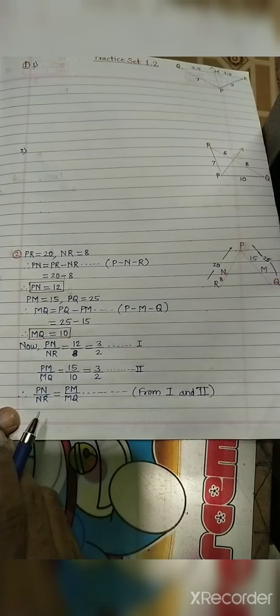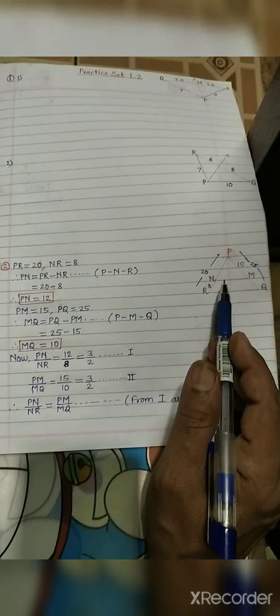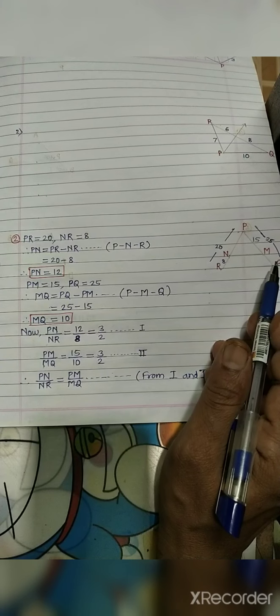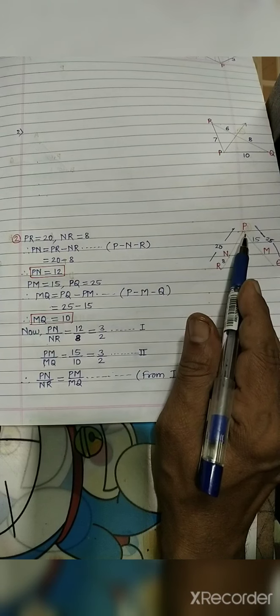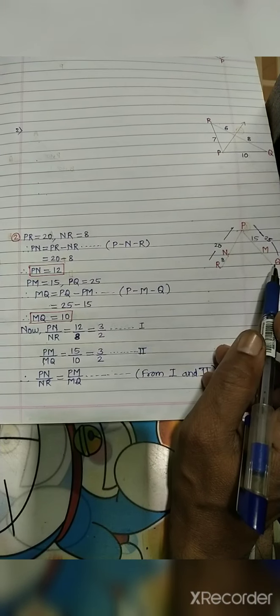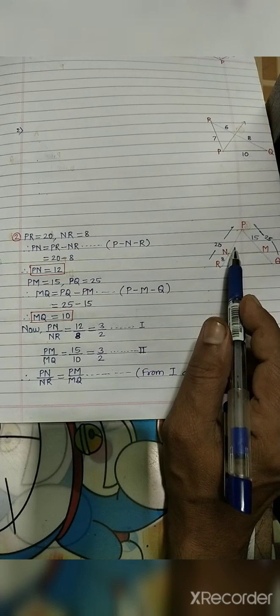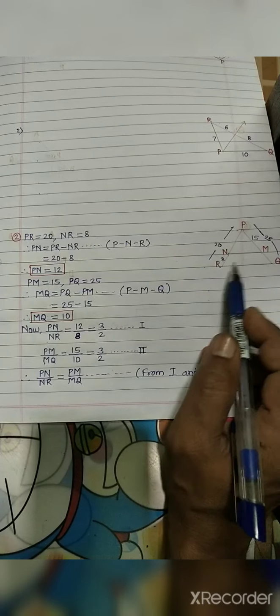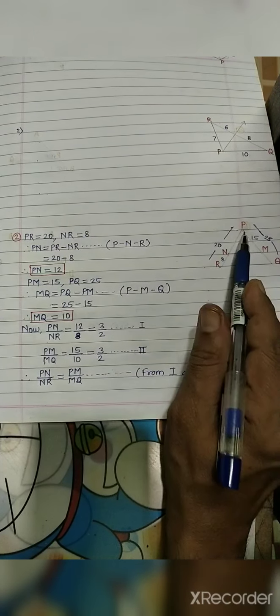Okay, means here line NM divides the sides PR and PQ in the same ratio, means PN upon NR is equal to PM upon MQ.